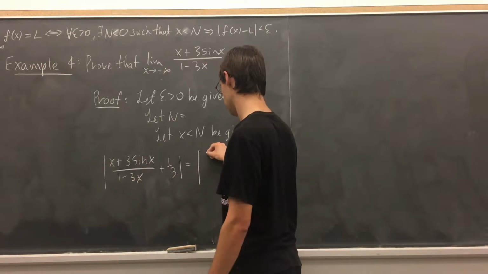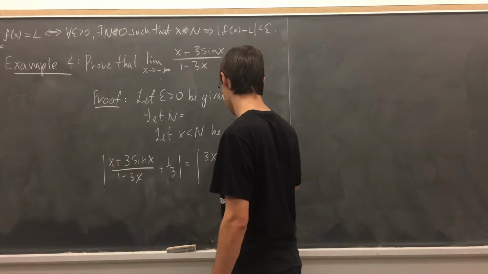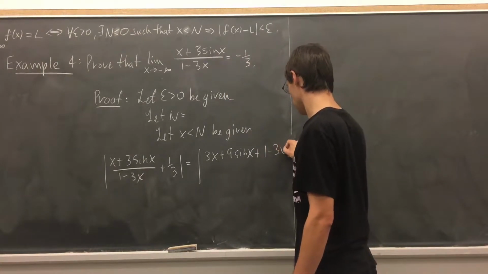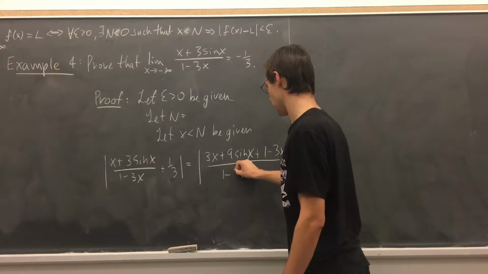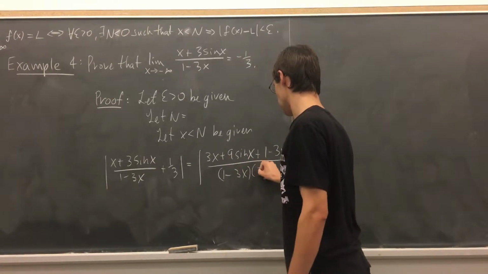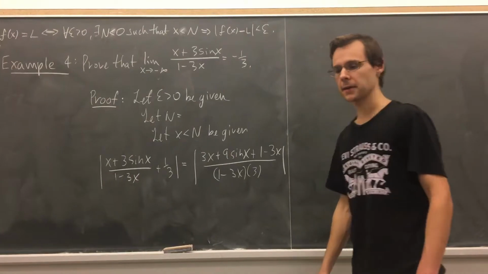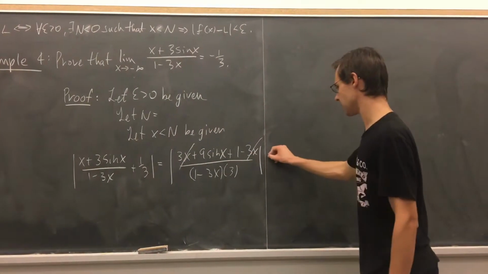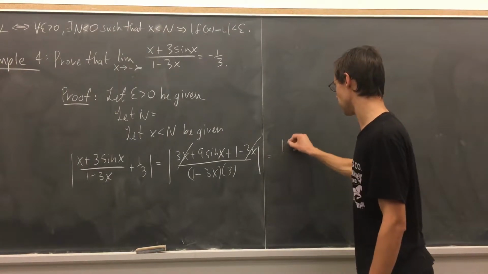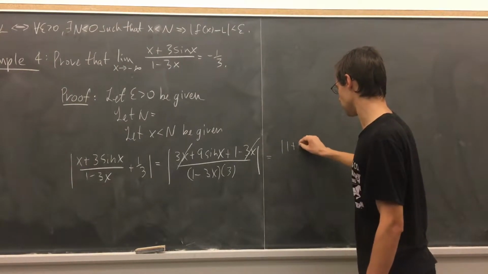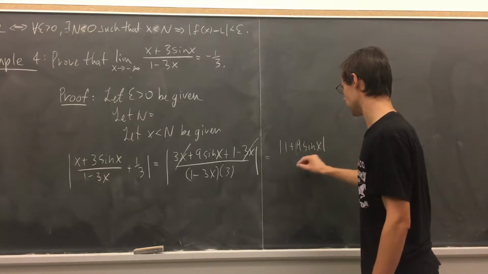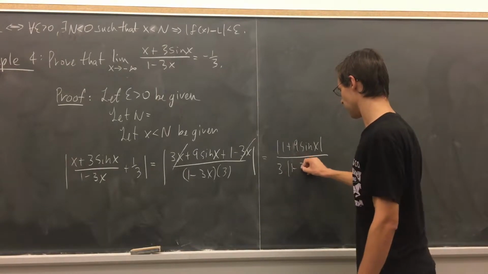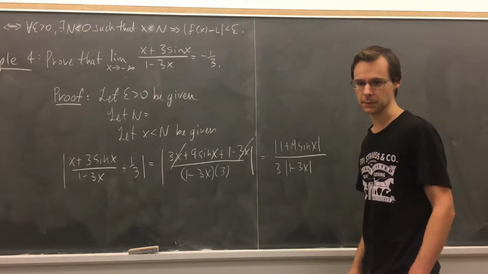Here we cross multiply, so we get 3x + 9 sin x + 1 - 3x, and all that's going to be divided by (1 - 3x) times 3. Now the 3x's cancel out, and the top is just 1 + 9 sin x. Let's rearrange it a bit: |1 + 9 sin x| in absolute values. This 3 comes out of the absolute values, and then we have |1 - 3x| as well.